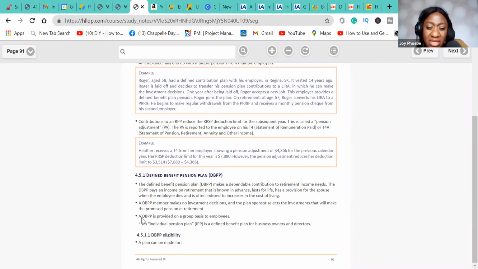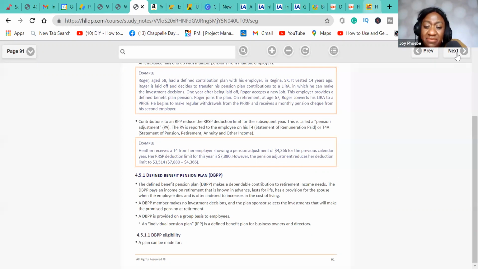In a defined benefit pension plan, members make no investment decisions, and the plan sponsors select an investment that will make the promised pension at retirement. The onus is on the employer to ensure that they make the right investment decisions such that when it's time for the retirees to get their pay, they have enough money to settle them.